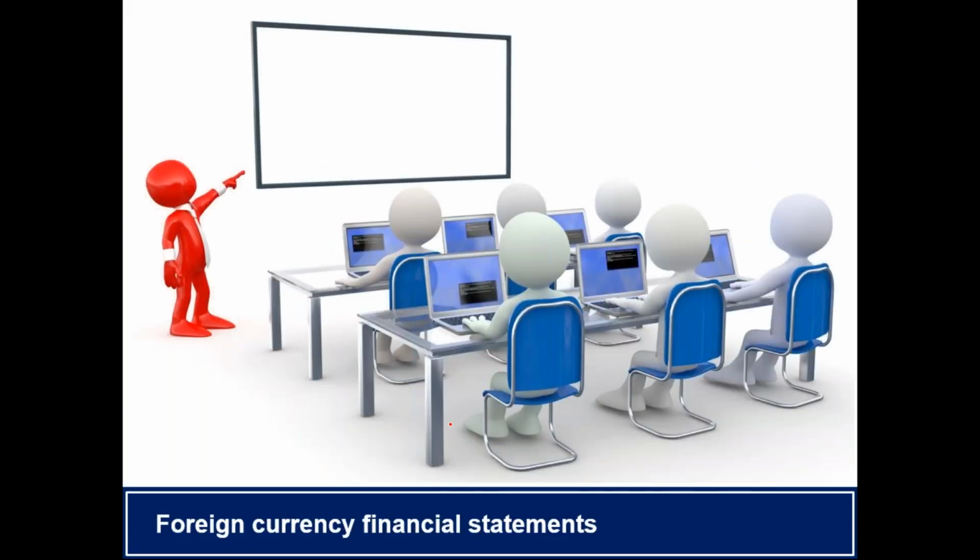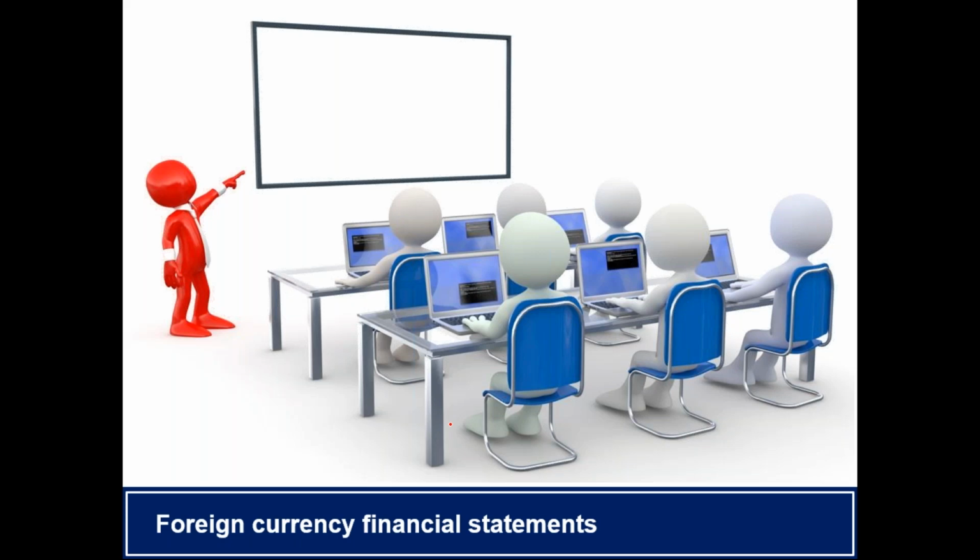Moving on to the next slide. Currently, we discussed the translation of foreign currency transactions which occur in your own books of accounts. Now, in the next segment, we are going to discuss translation of foreign currency operations into the parent's reporting or presentation currency.